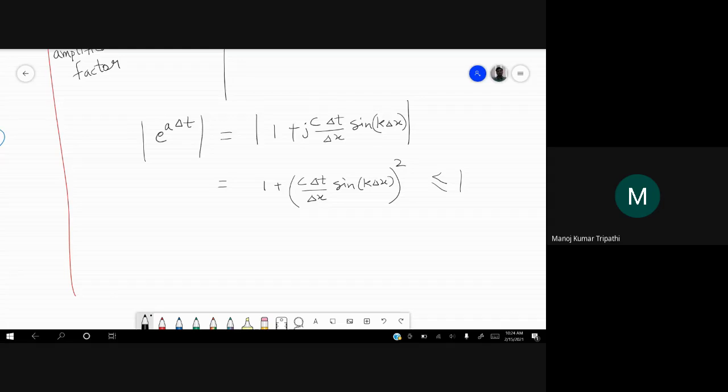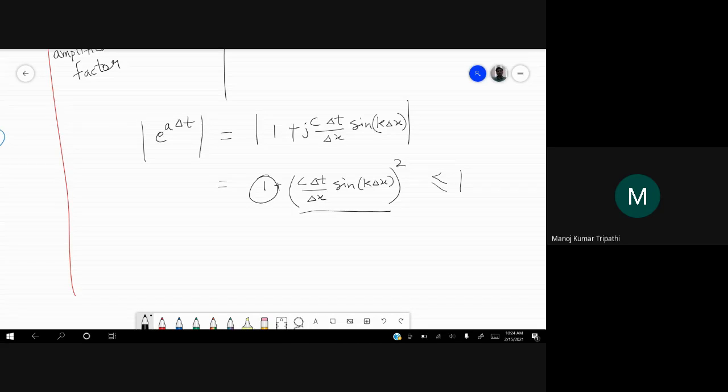Can you tell me the condition for c delta t by delta x when this is possible? It can be seen that this is not possible from here, because there is already 1 added here, and this is always positive. So it can never be less than or equal to 1.